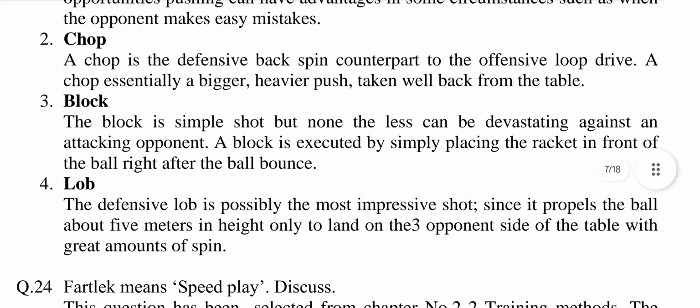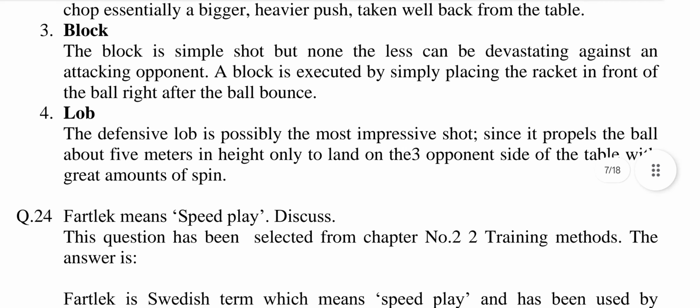Number 2, chop. A chop is the defensive backspin counterpart to the offensive loop drive. A chop essentially is a bigger, heavier push taken well back from the table. Number 3, block. The block is a simple shot, but nonetheless can be devastating against any attacking opponent.